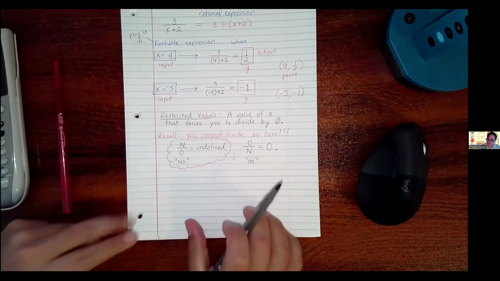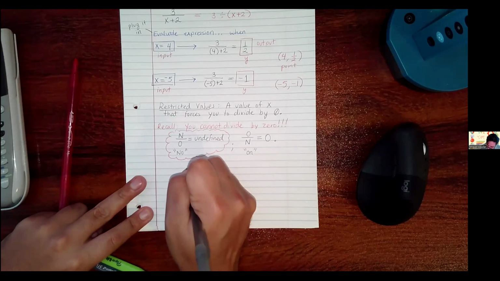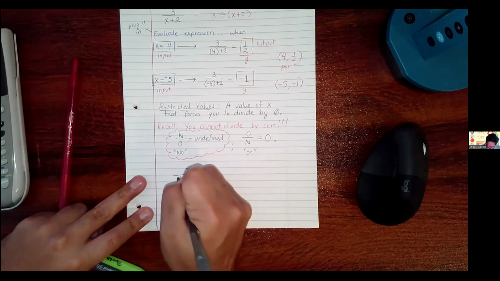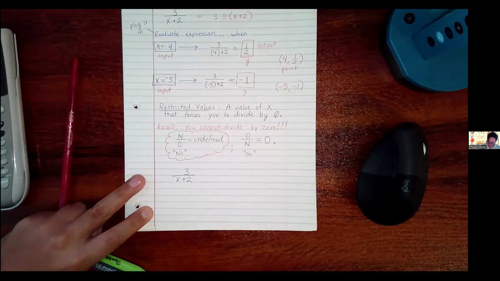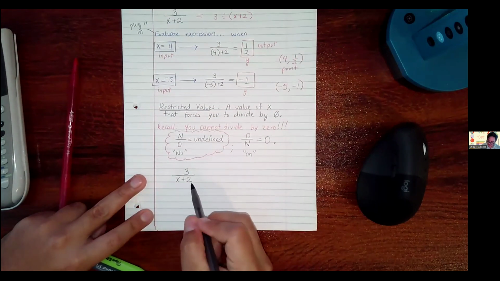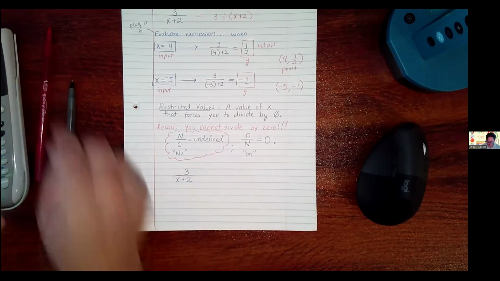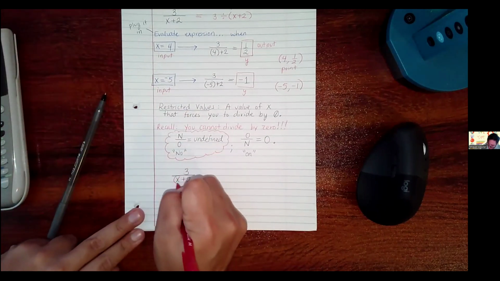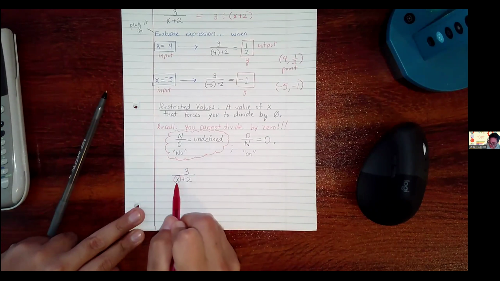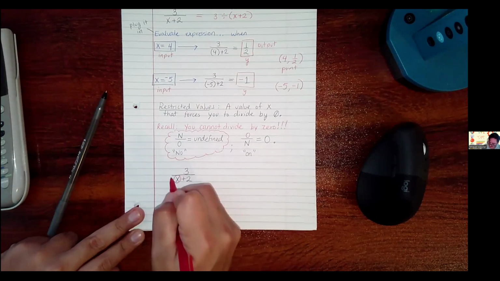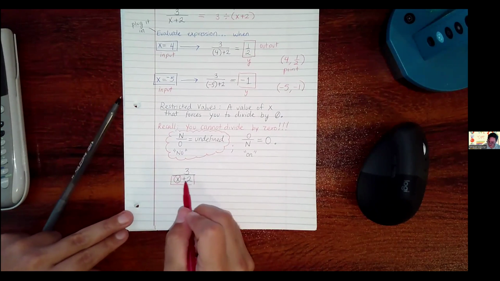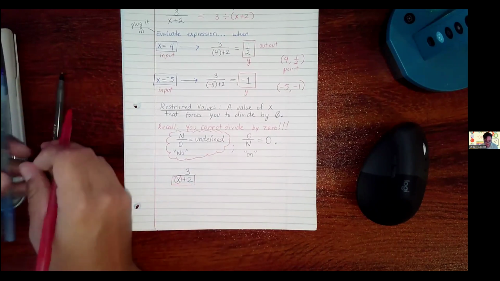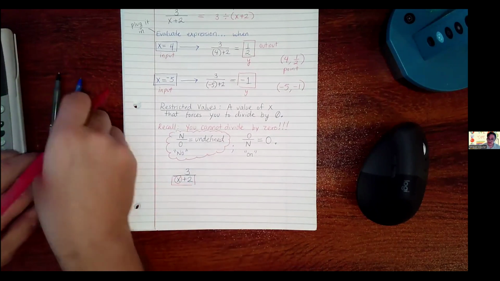Because we're trying to investigate this expression 3 over x plus 2, right? The one that we were evaluating before. Can you think of a value of x that if I plug it in here, it will zero out the entire denominator? What plus 2 would give me a 0? -2.